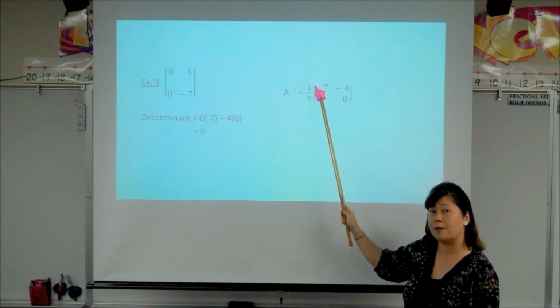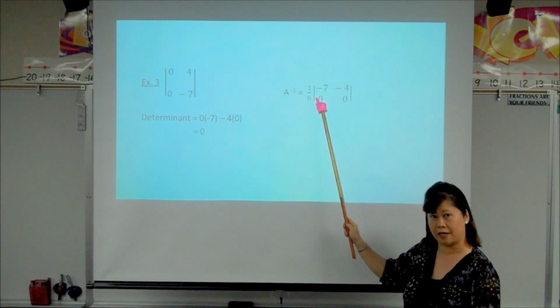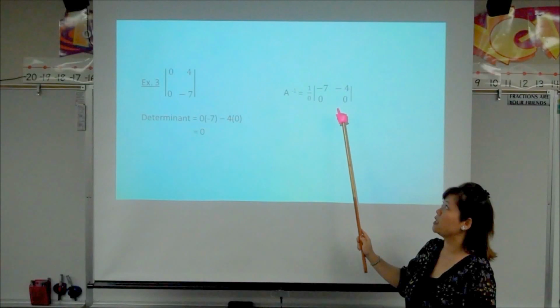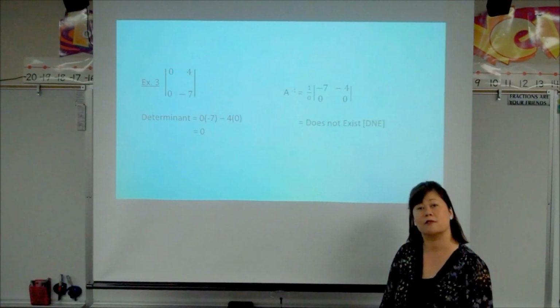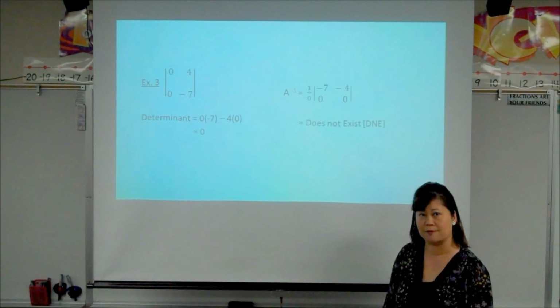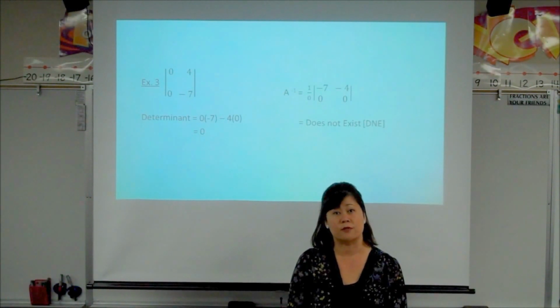When we have any number divided by 0, we have learned from this year that it is undefined, right? So in this case, I cannot distribute this to each one of this, so we're actually done with this problem, and we're just going to put does not exist because obviously 1 divided by 0 is undefined, so you can't distribute undefined, okay? So that's what we're going to work on now, is finding the inverse of the function.